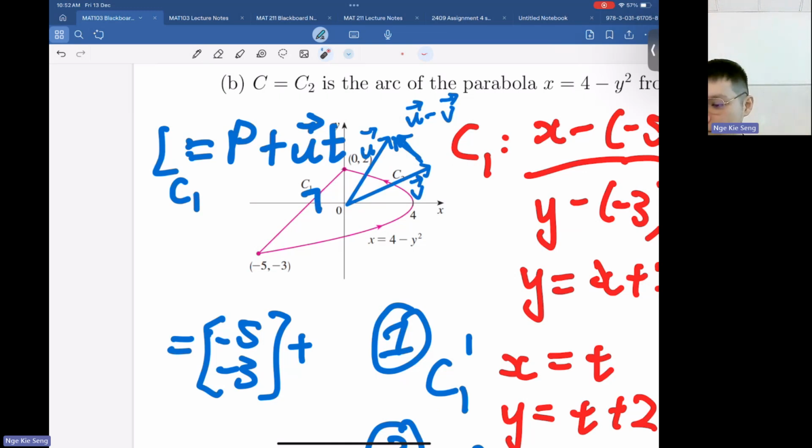So how do you make this a direction vector using these two vectors here? The question is how to get the direction vector, how to get the vector of C1. Just now I told you how to get U minus V. So how can you apply it to this case?